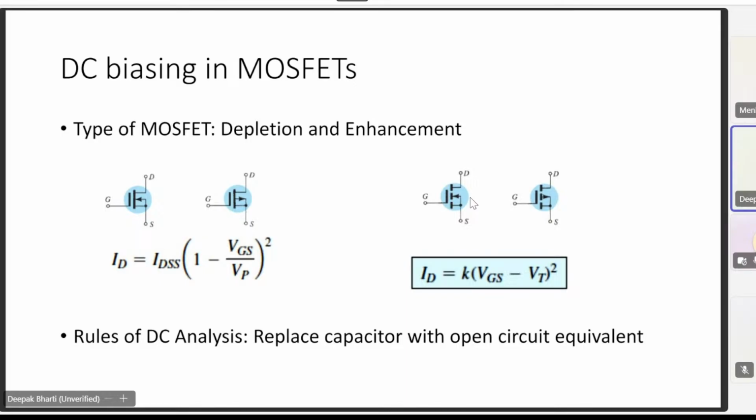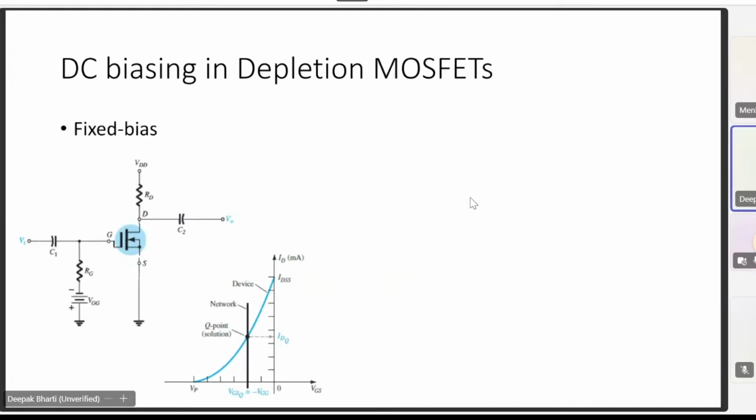Those capacitors we treat as open circuits whenever we are doing the DC analysis of the biasing network. So let's first take the case of a fixed bias network in the depletion MOSFET.